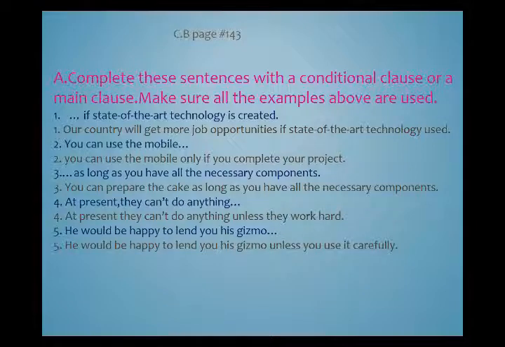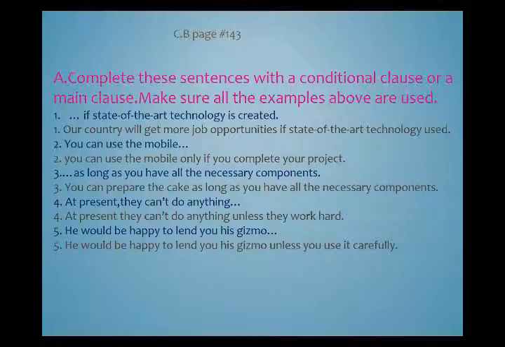The fourth one we are having: at present they can't do anything. At present they can't do anything unless they work hard. We have used here the conditional clause unless. Number five: he would be happy to lend you his gizmo unless you use it carefully.